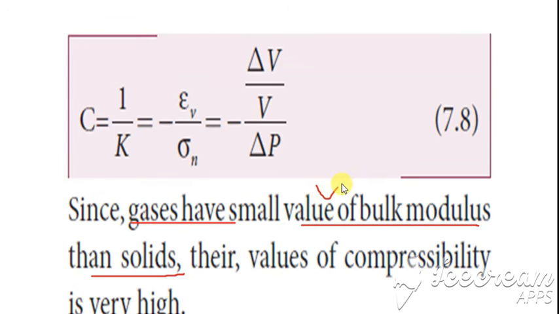When the bulk modulus is small, the compressibility is high, so gases have a large value of compressibility. Clear? Then last, we are going to see about rigidity modulus.